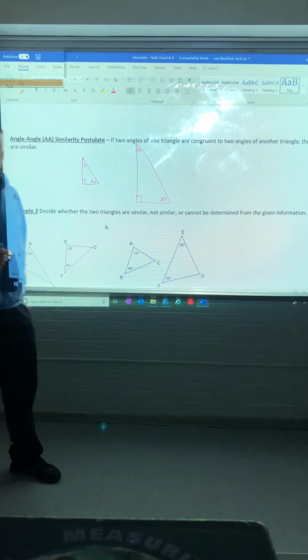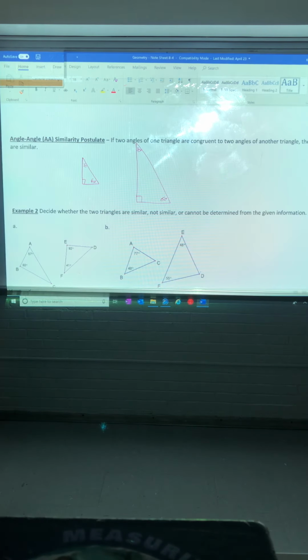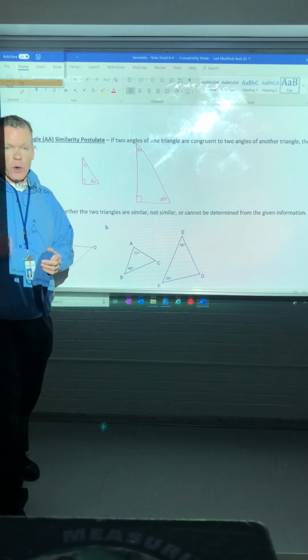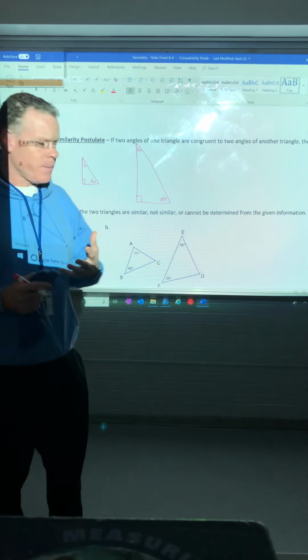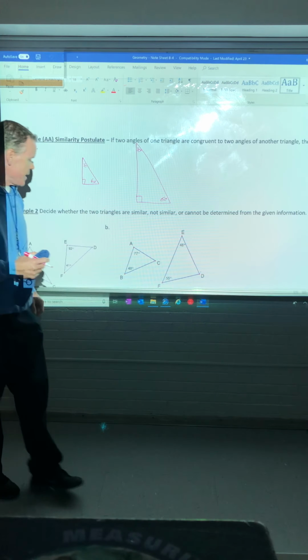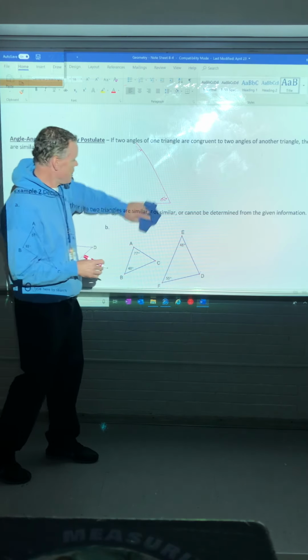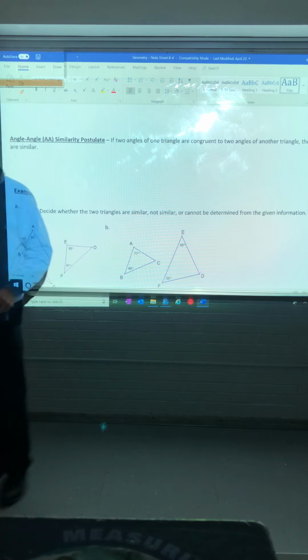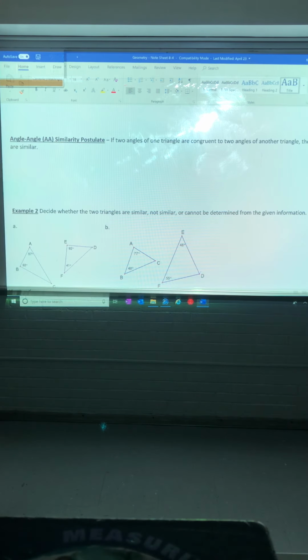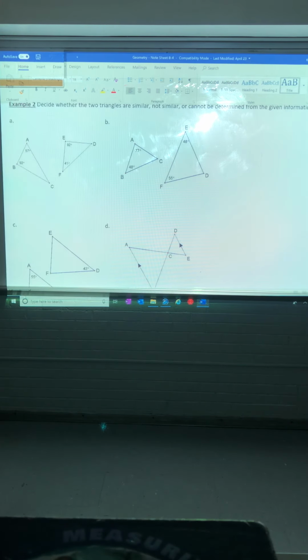Obviously, they're not congruent. So the angle-angle similarity postulate only holds true when we're talking about similarity, because they're in proportion. And we're going to look at a couple of examples and see whether the two triangles are similar.